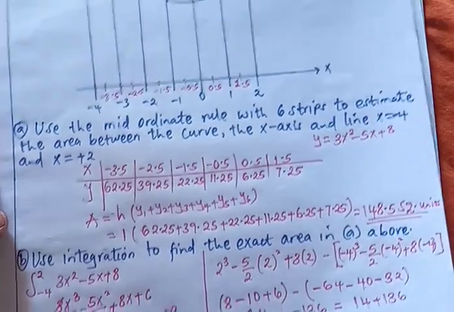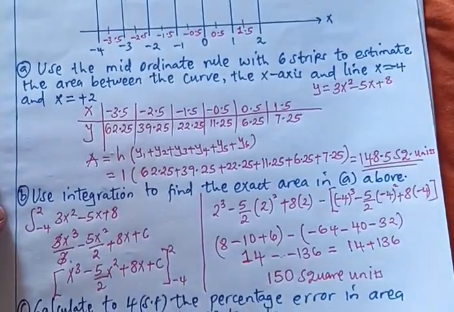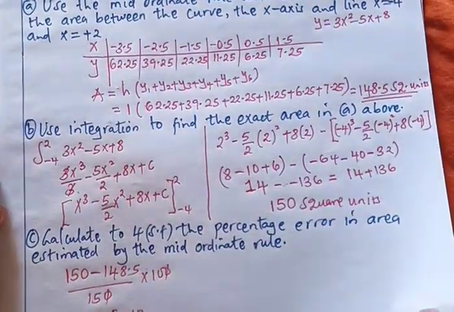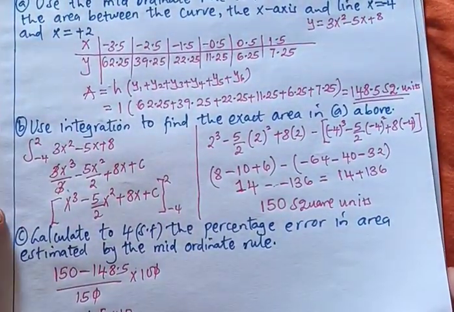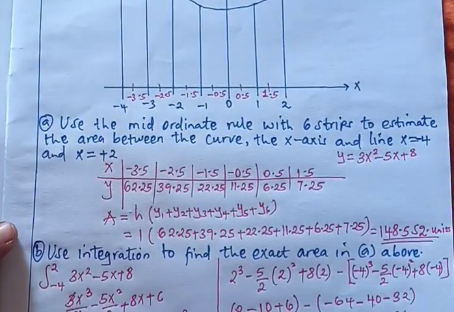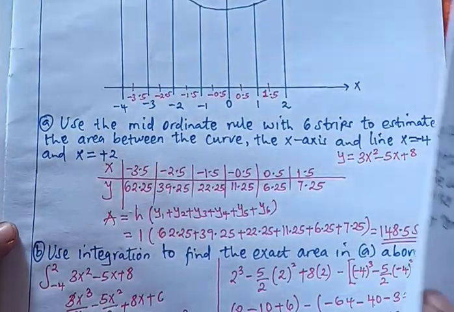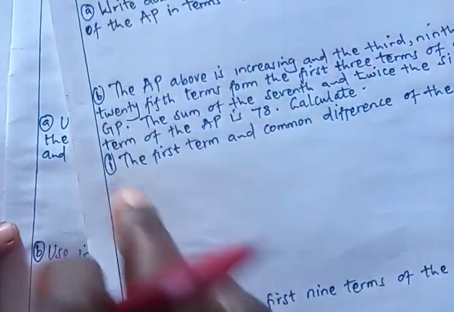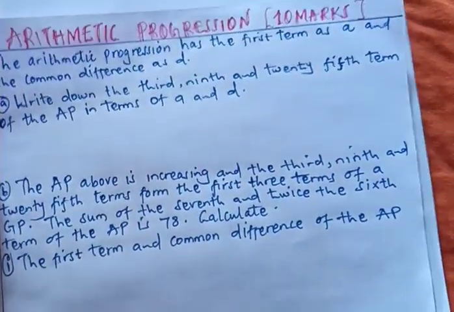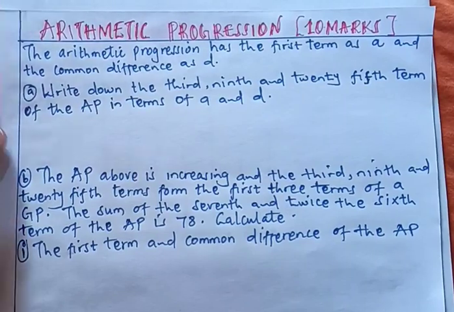So what we are supposed to do is just follow the simple steps that I have mentioned, and you are home and dry. The next thing that I want us to discuss is arithmetic progression. This is from sequence and series, a very important topic, a very interesting part that we need to discuss.